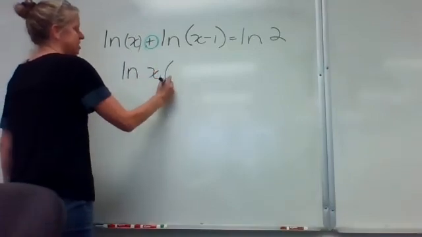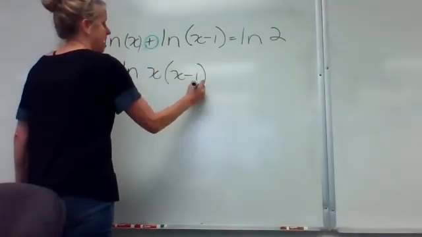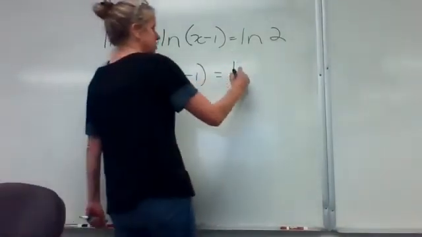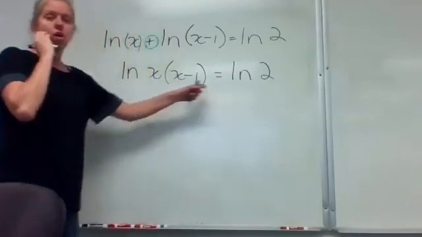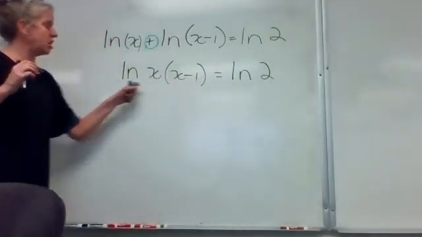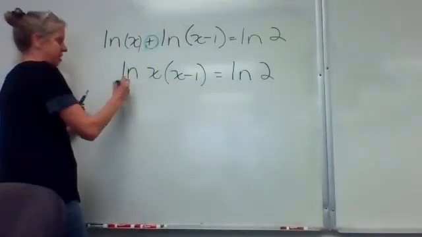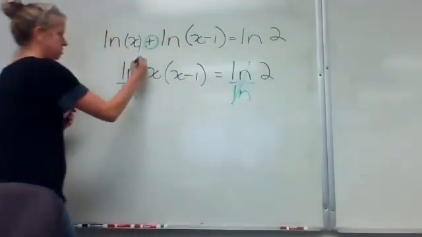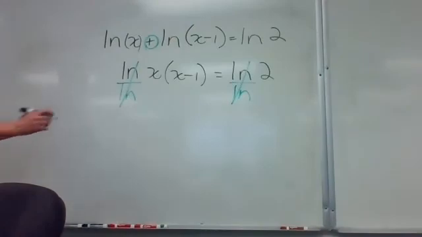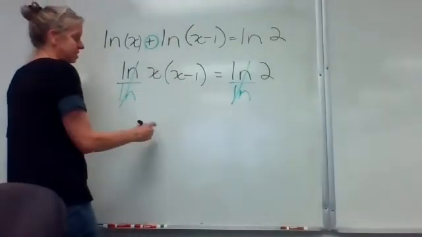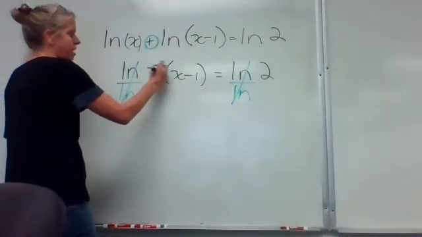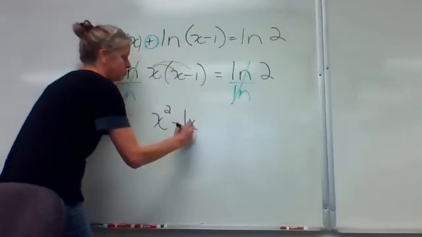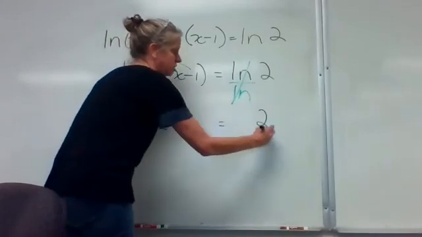So ln of x times (x minus 1) equals ln of 2. So what do you do when you have logs on both sides? Just divide them off to cancel both logs. So now I'm left with x times (x minus 1). So I'll distribute: x squared minus 1x equals 2.